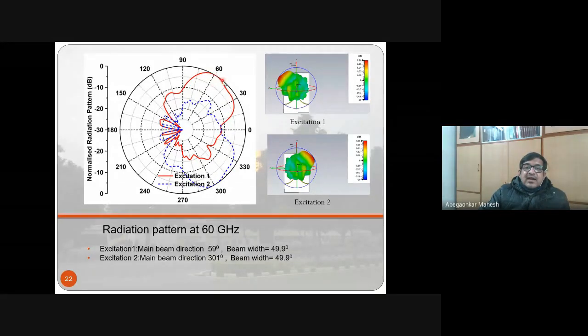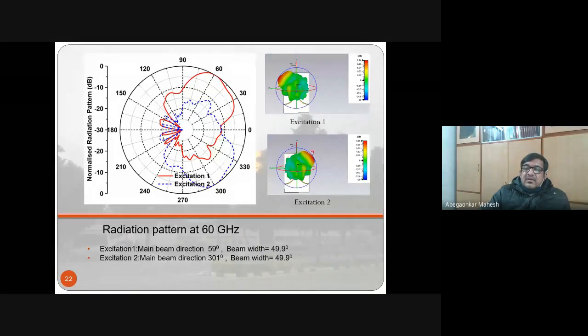So you get two separate beams here. The 3D plot is as shown here. One antenna is radiating along this direction. Look at the direction of the red color here. And the other antenna is radiating along the other direction. This is excitation 1. This is excitation 2. So the antennas are radiating along different directions.